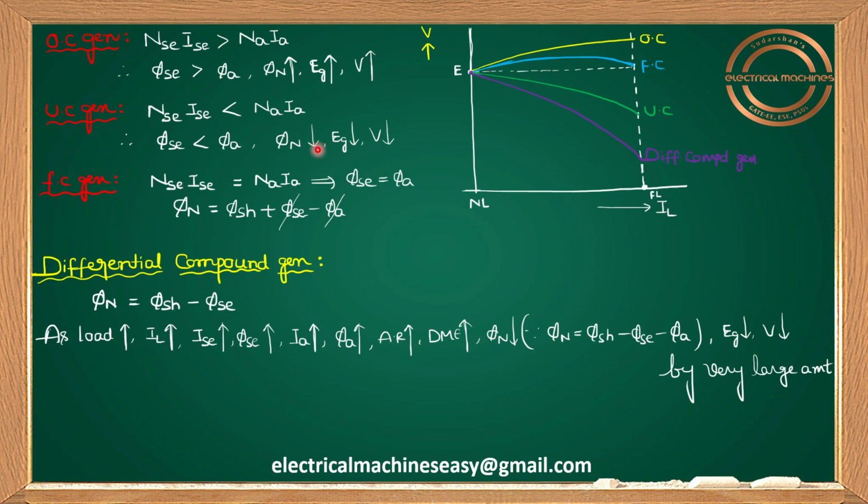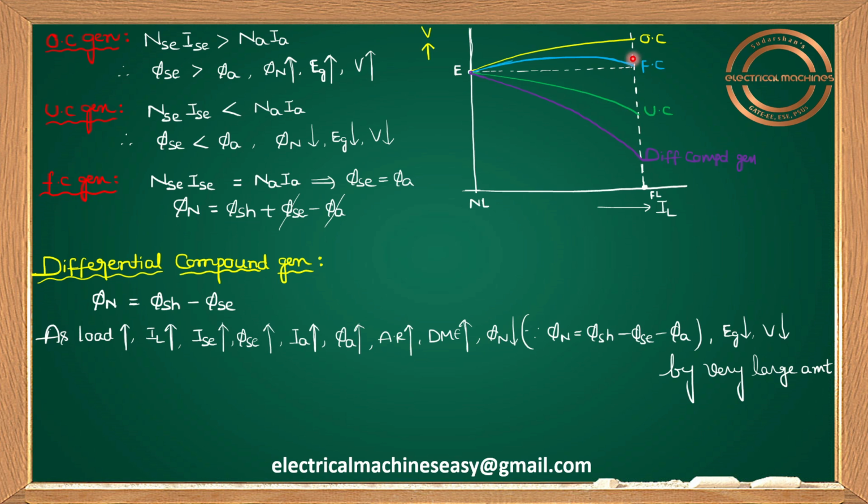Yes, net flux will reduce, E will reduce, your V will reduce. That's why for under compound, I used this green color. I assumed for under compound also, the no load voltage is E only, and the variation of V is reducing. That's why you're having a curve like this, just like a shunt generator, a drooping characteristic we are getting here.